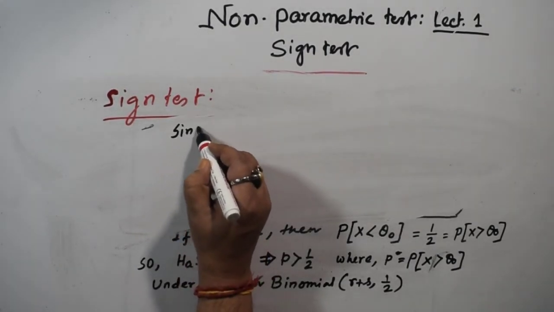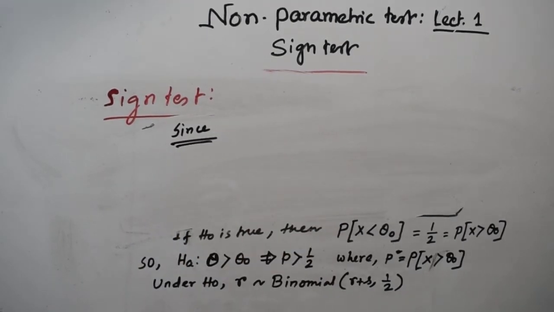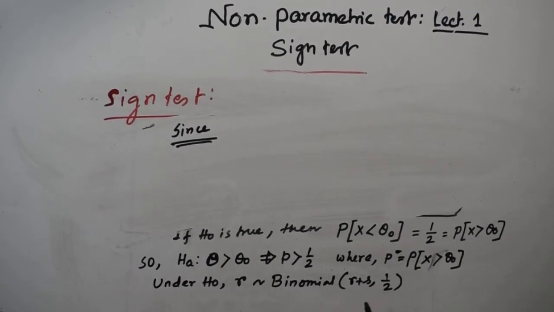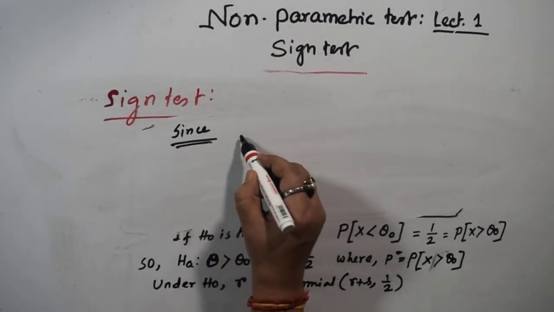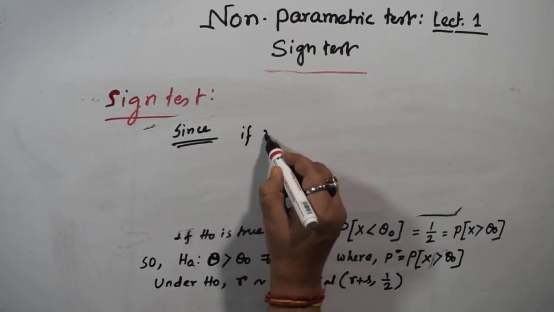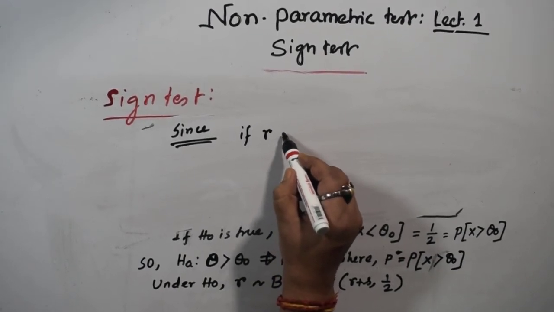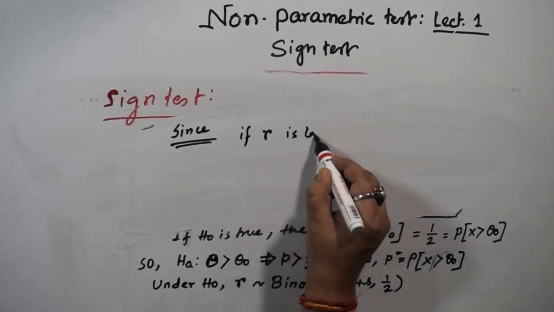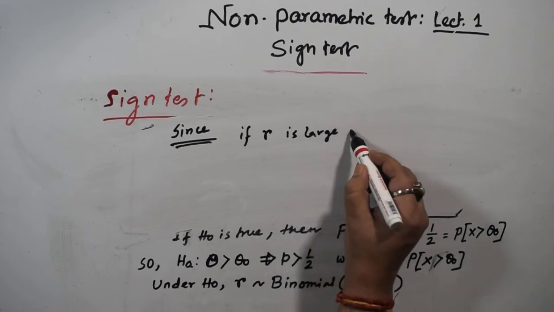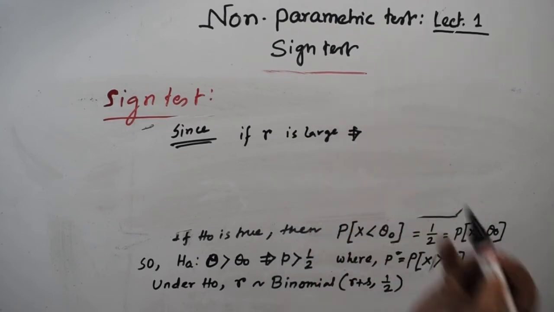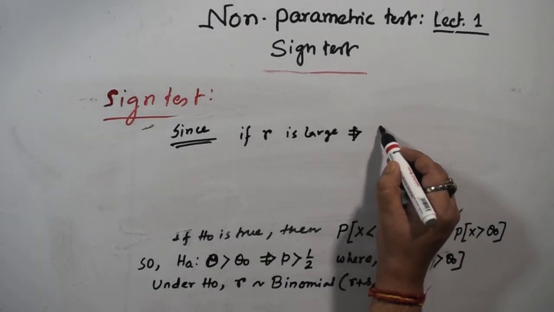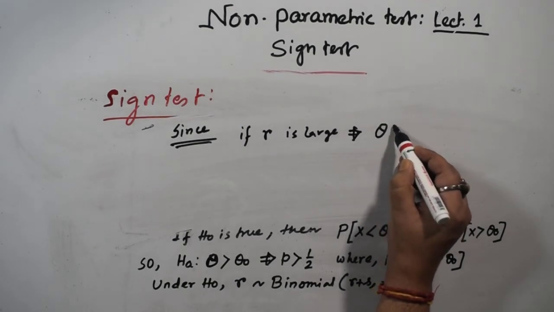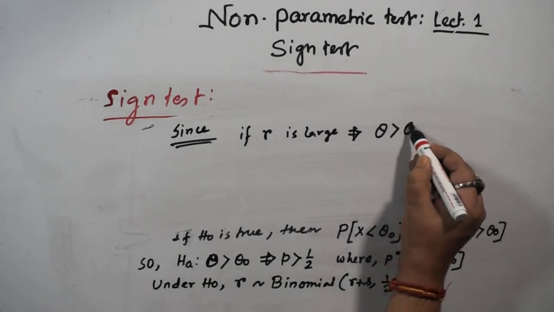Since if R is large, this implies theta should be greater than theta naught.